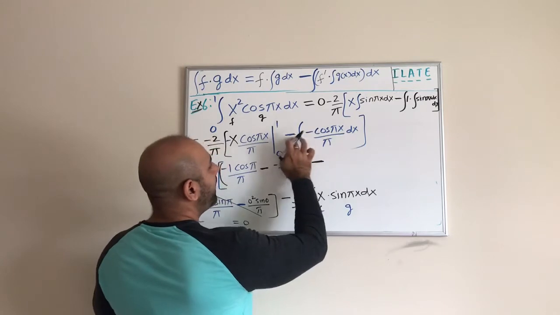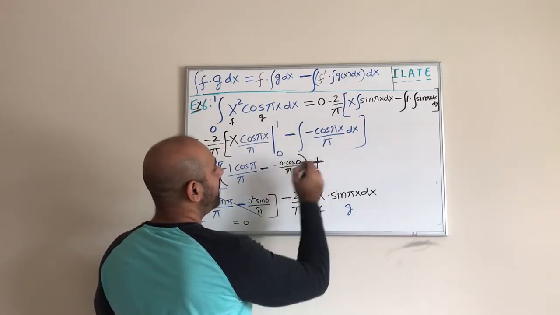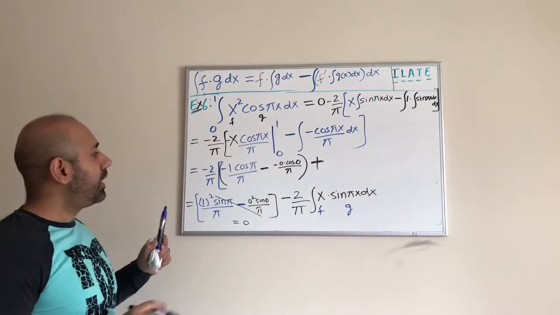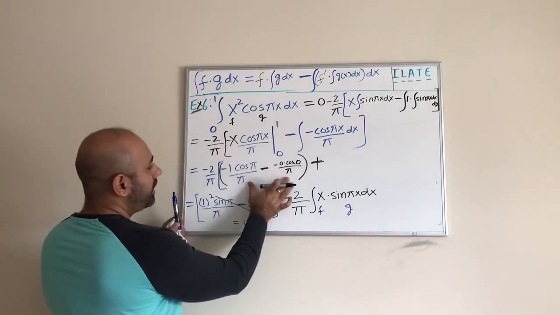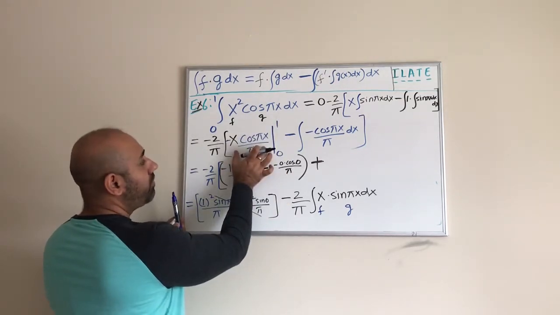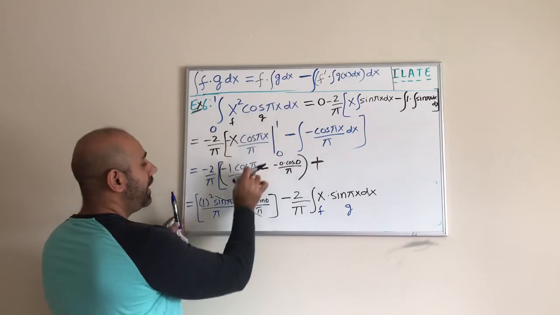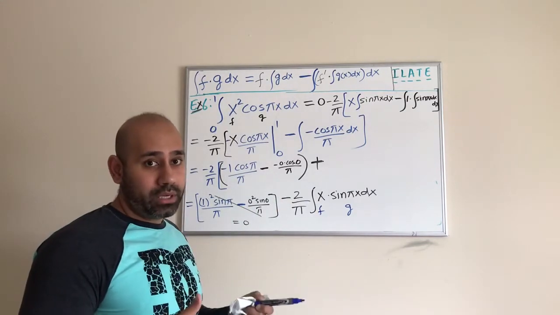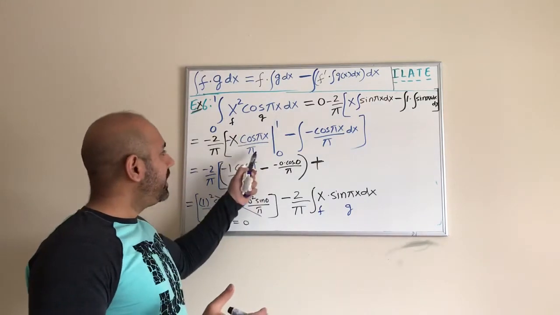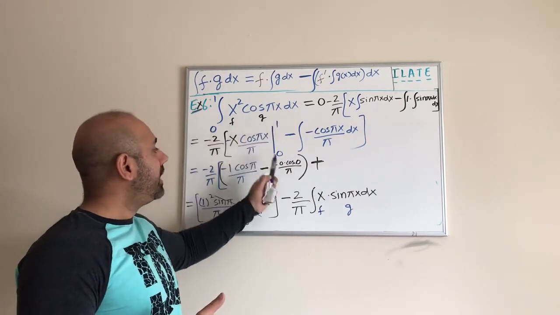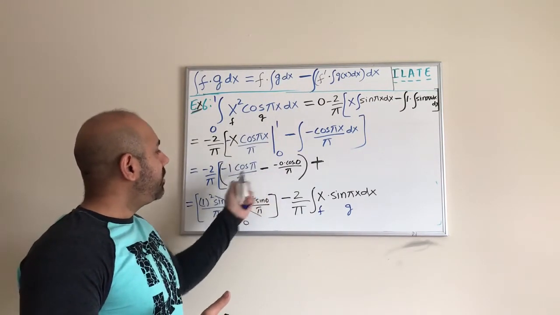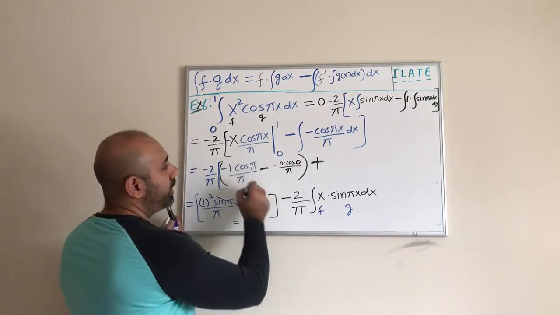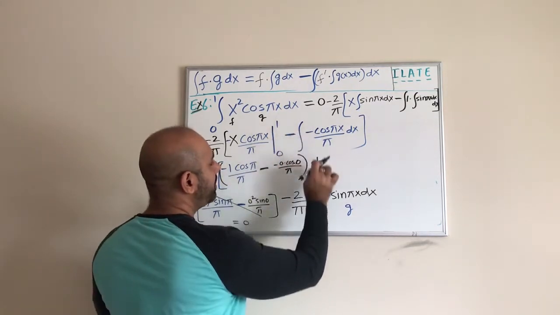Guys, again, negative times negative is positive, so it will change to a positive, right? This is just for this piece, using the fundamental theorem of calculus on this. f of b minus f of a. That's how we use the fundamental theorem of calculus. Once we evaluate the integral, we evaluate it at the upper limit, and we evaluate at the lower limit, and we subtract them. Okay.